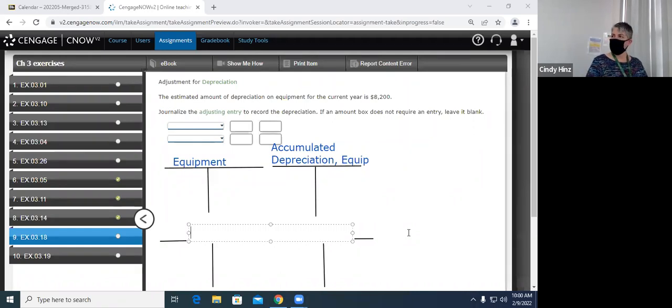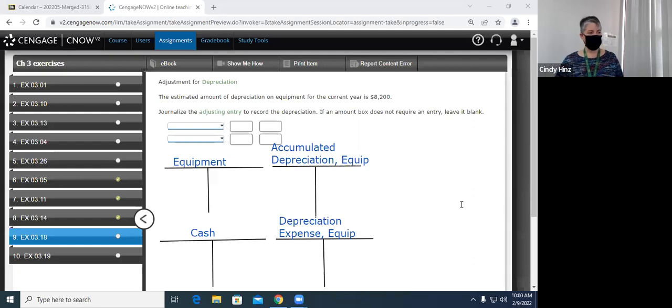We saw that account on Monday, when we did exercise 5, where we had the trial balance and we saw the changes, then we had to journalize what it looked like. And I told you on Monday we'd talk more about it today. And cash. And one more account here, depreciation expense on the equipment. Okay. So there's our 4 accounts that I'm going to need to talk about this exercise.